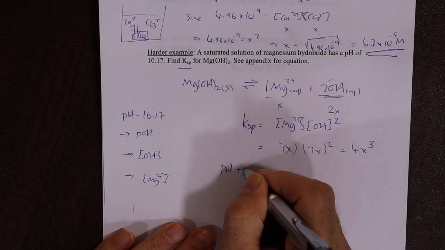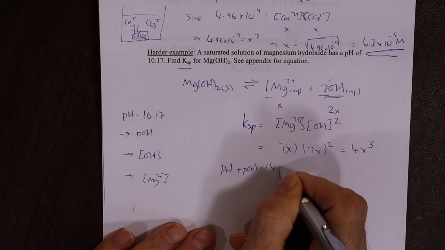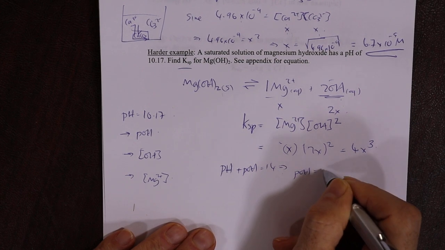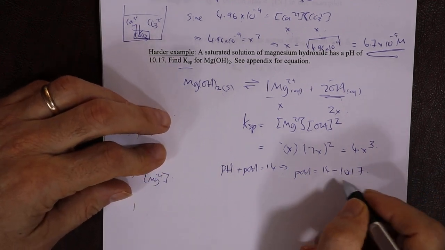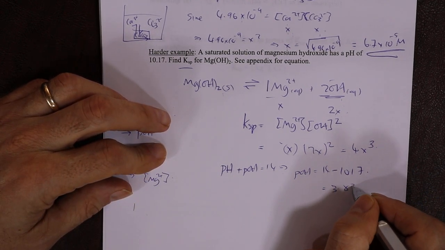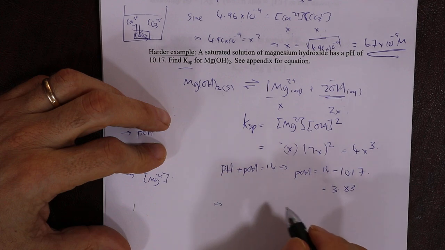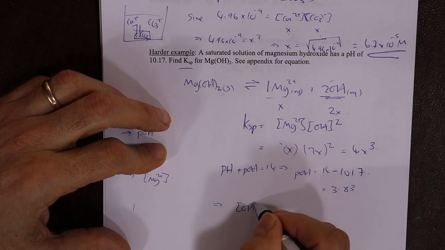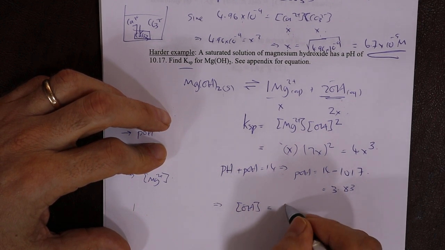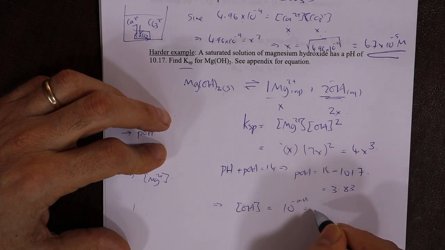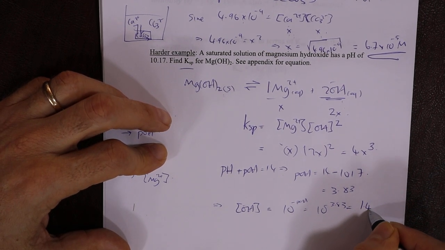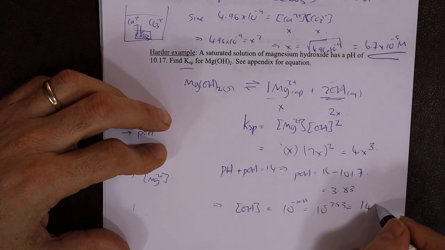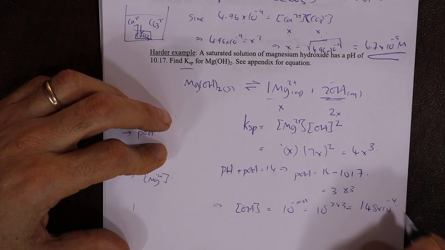So pH plus pOH equals 14, therefore pOH equals 14 minus 10.17, which equals 3.83. Therefore, OH, do that reverse math, 10 to the minus pOH, 10 to the minus 3.83, 1.48 times 10 to the minus 4.